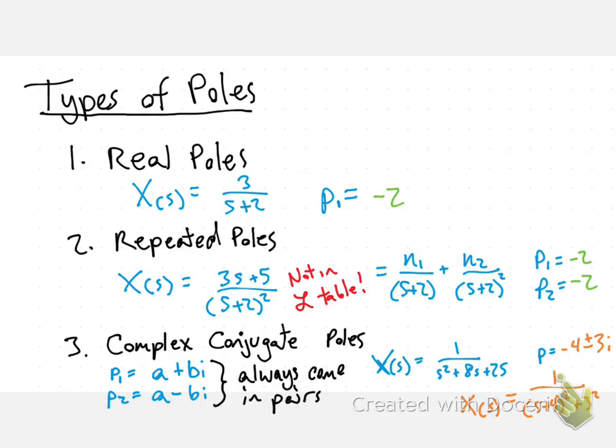So we can rewrite this equation as x of s is equal to 1 over s plus 4 squared plus 3 squared. That would be s squared plus 8s plus 16, and then plus 9, which is the same equation. So it's all real numbers in terms of the denominator, but the poles exist only with complex values for s.